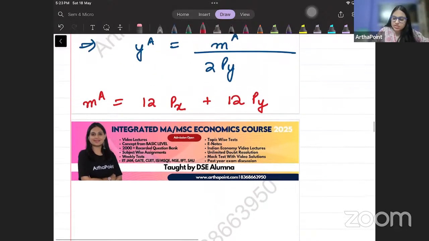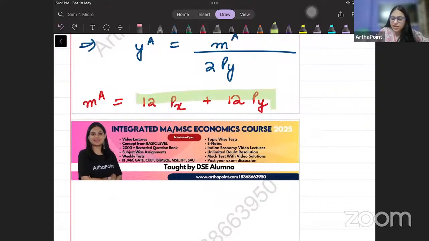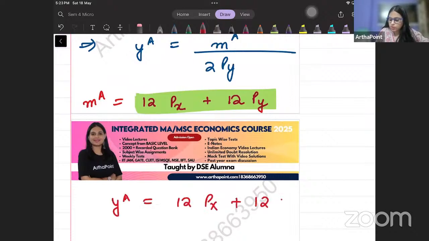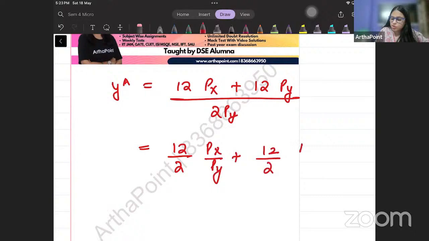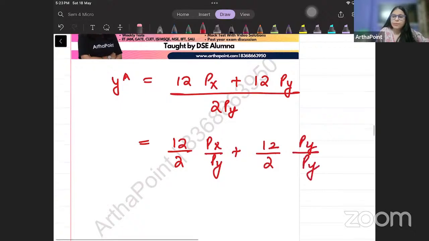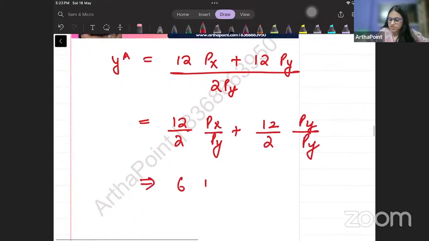So instead of income of individual A, I will put the value of its endowment. So I will get YA is equal to 12PX plus 12PY by 2PY. Right? So this will give me 12 by 2 PX by PY plus 12 by 2 PY by PY. So this will give me 6 PX by PY plus 6.